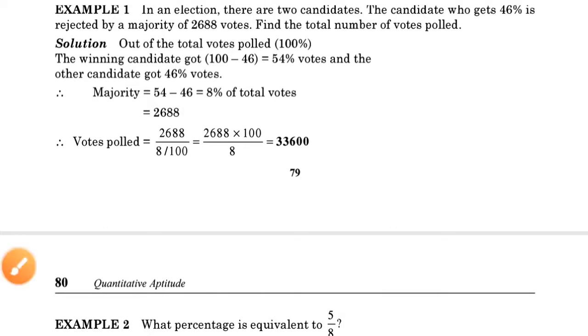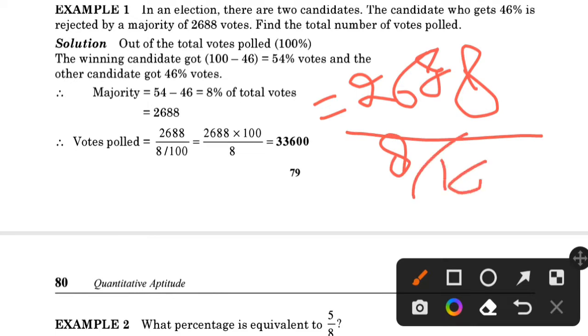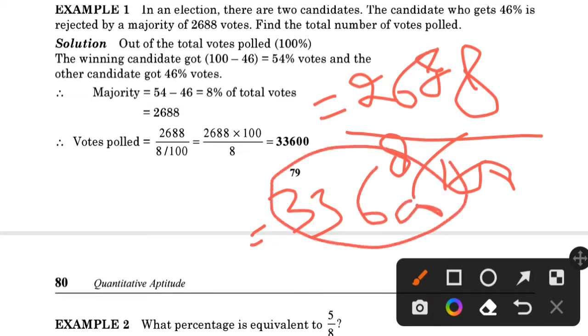So we find the required answer by dividing 2,688 by 8%, that is 8 by 100, so we get 33,600. So the total votes polled are 33,600, and the winning candidate gets 2,688 votes more than the losing candidate. So this is an example based on percentage.